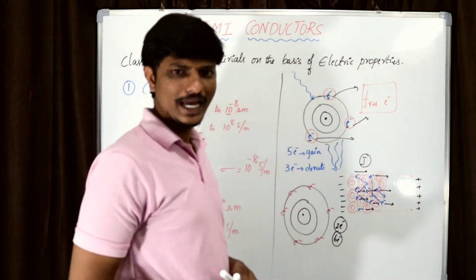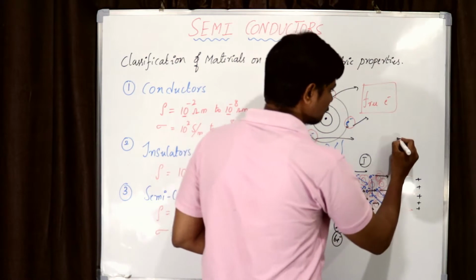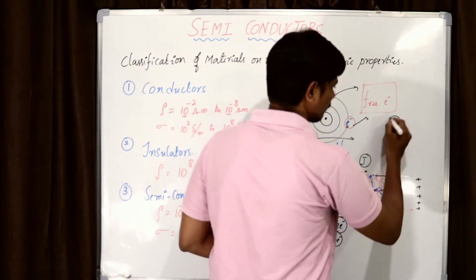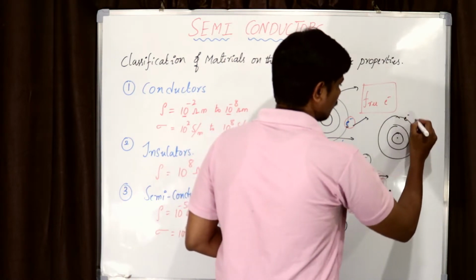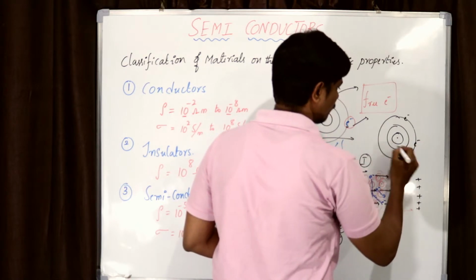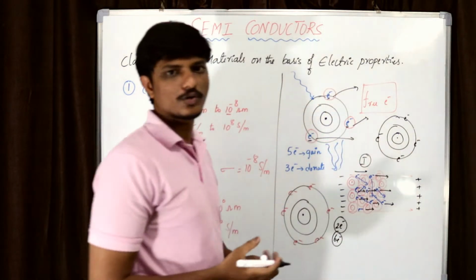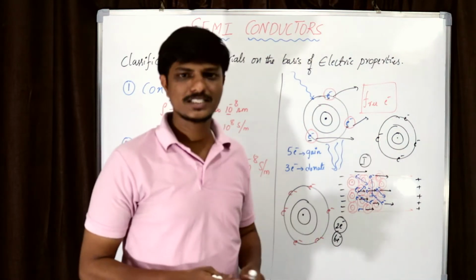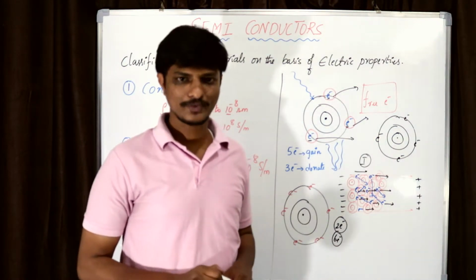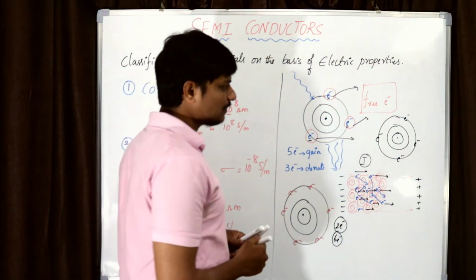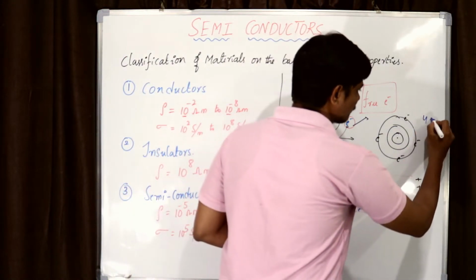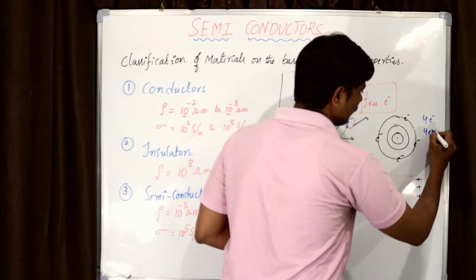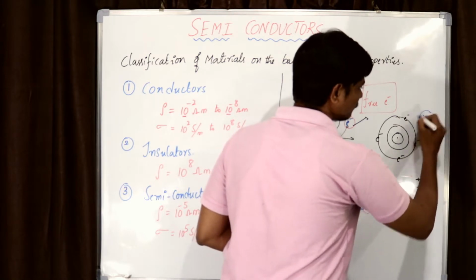What if an atom has 4 electrons? Will it try to gain 4 electrons, or will it try to lose 4 electrons?